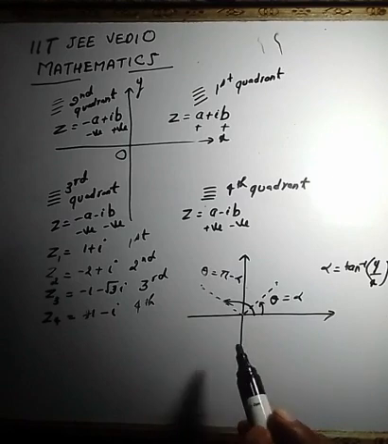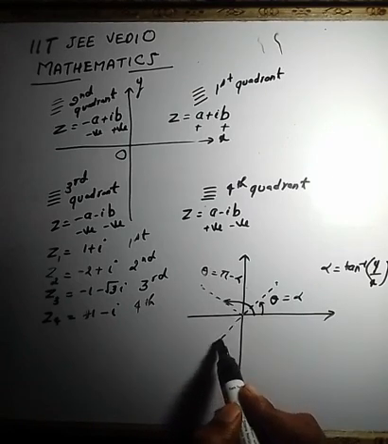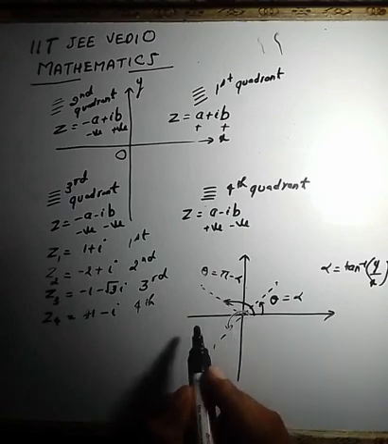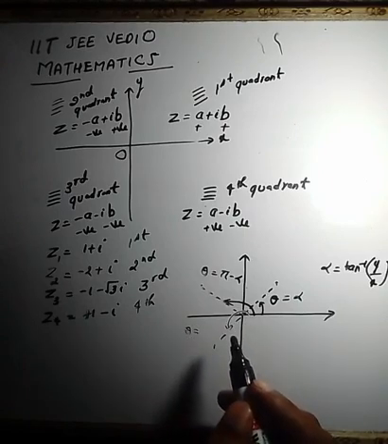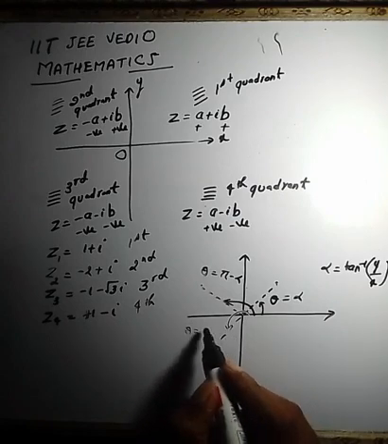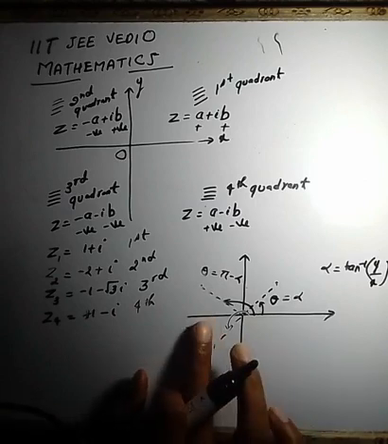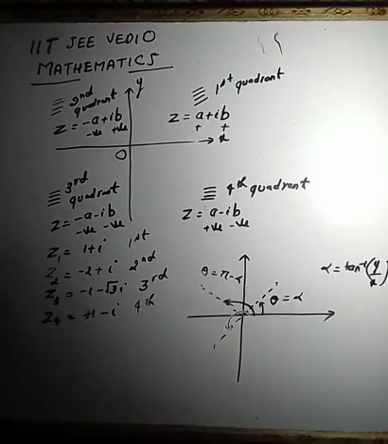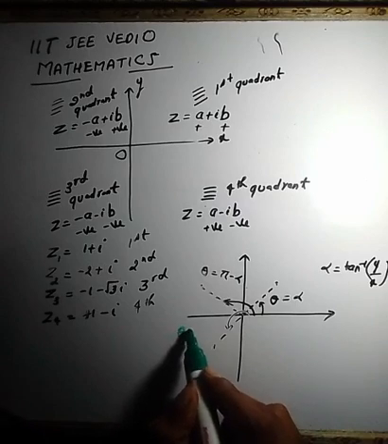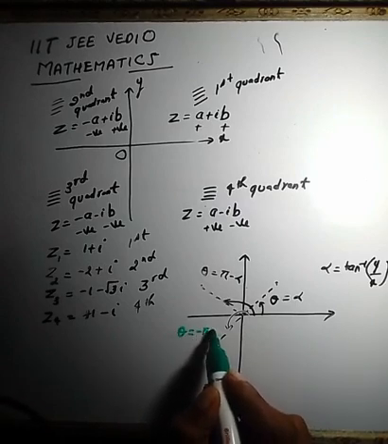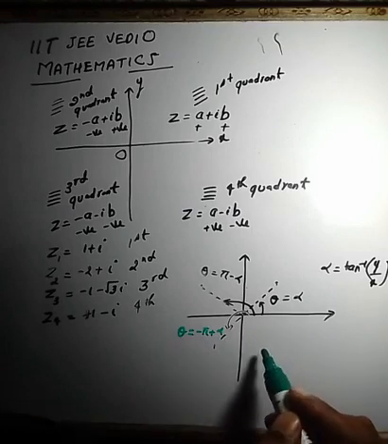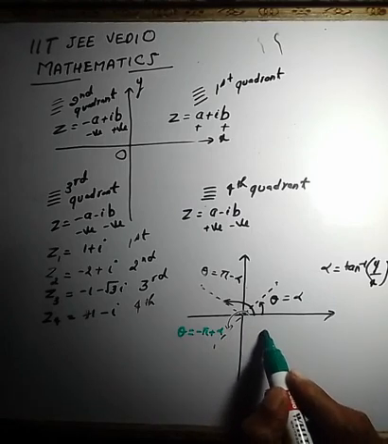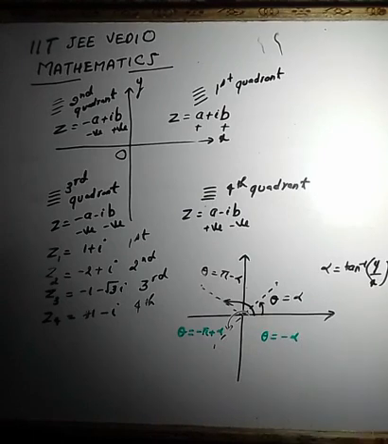If complex number is here, so angle will be theta equals to minus pi plus alpha, and if complex number is here in the fourth quadrant, then angle will always be minus alpha.